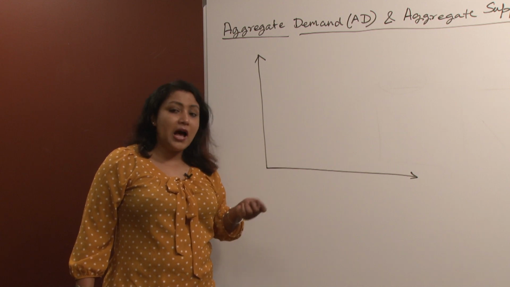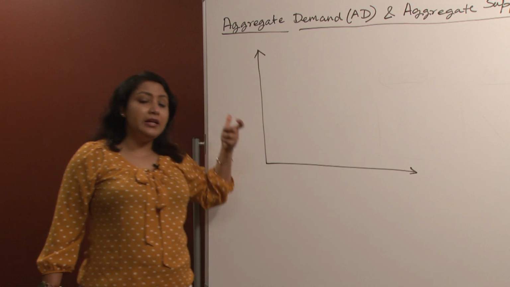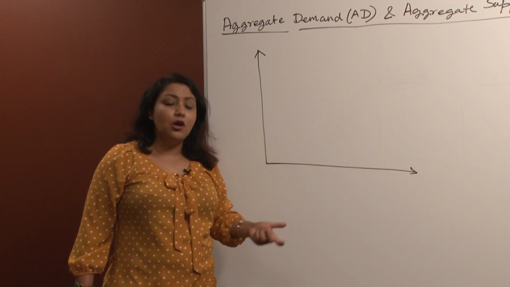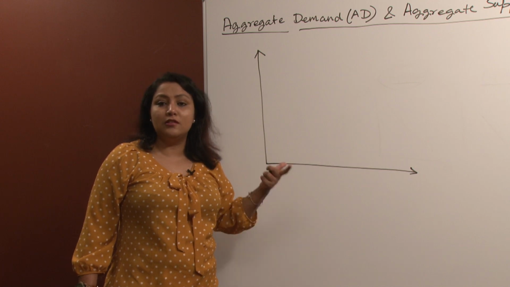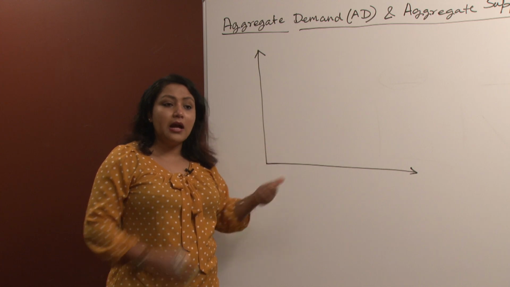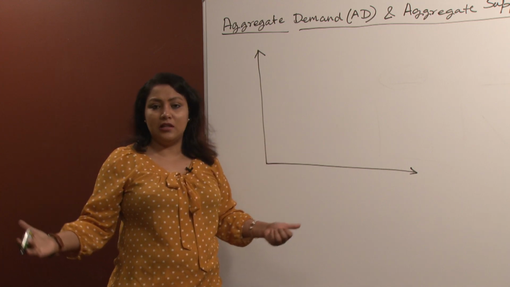So, that means I need something to put on the y-axis which is an indicator or representative value for prices of all goods and services in the economy. So, what needs to go there is something that would indicate the prices of all goods and services in the economy.